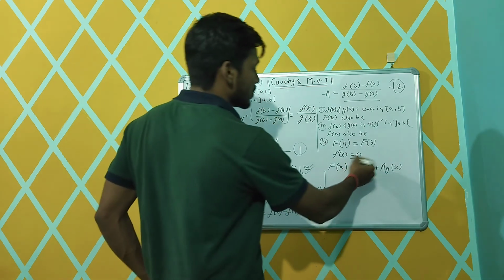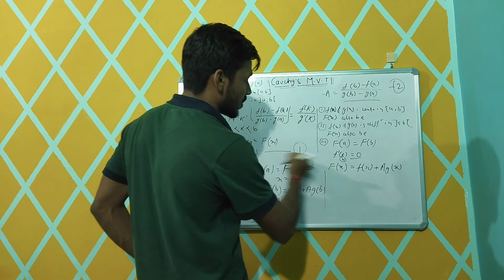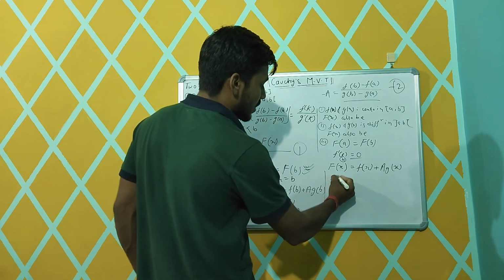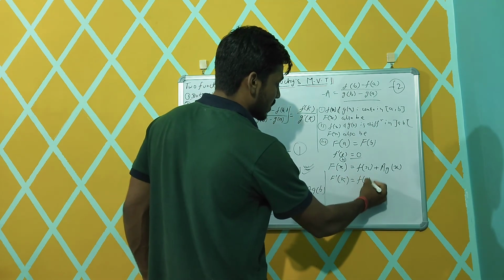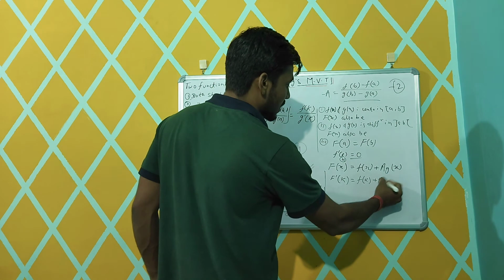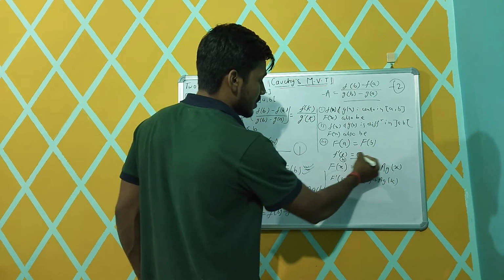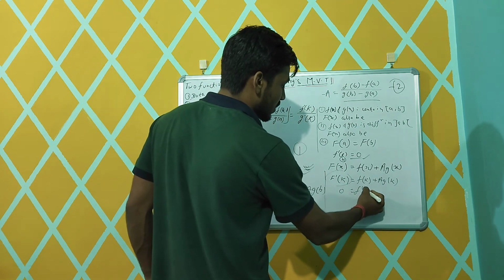Now F dash c equals 0, and we have taken c as k for this theorem. So it will be 0 equal to f dash k plus a times g dash k.